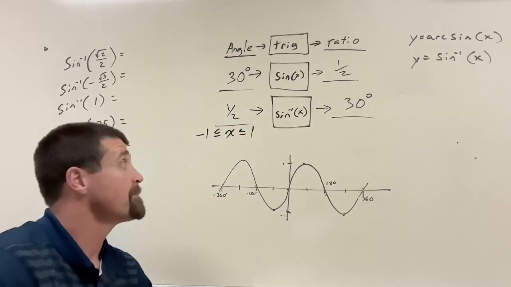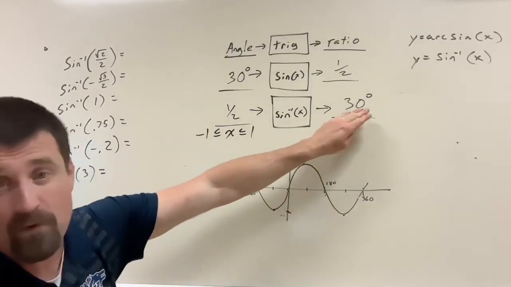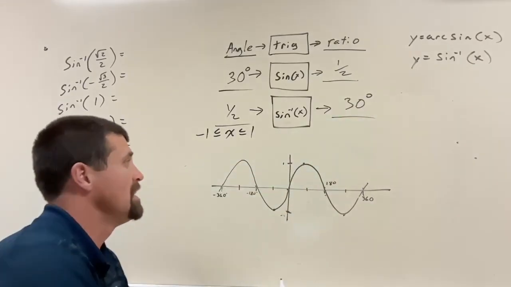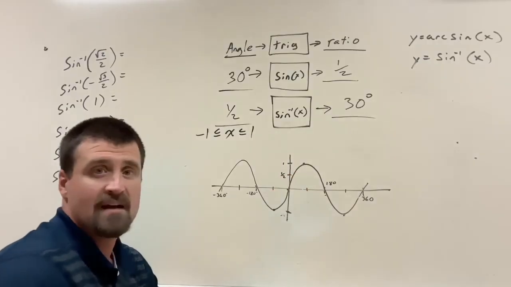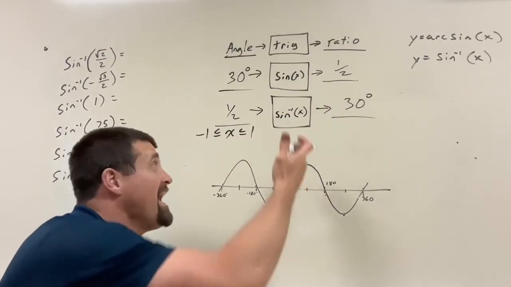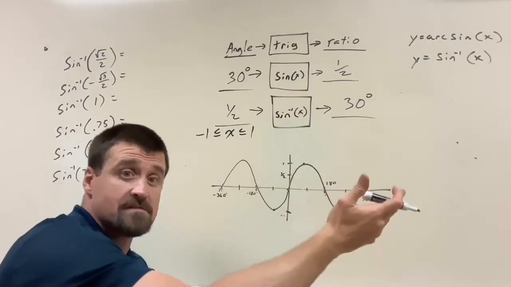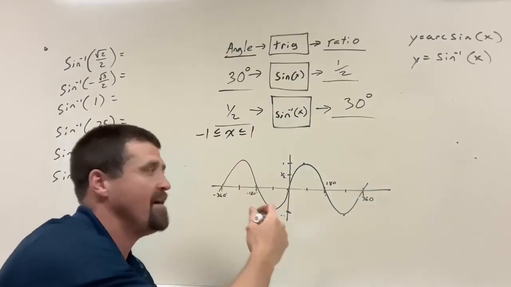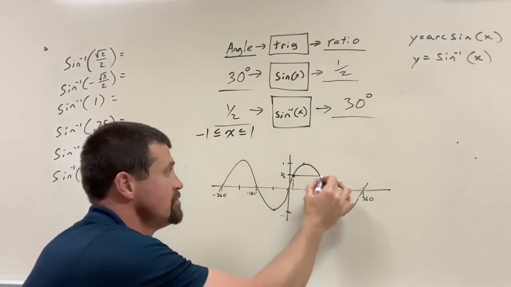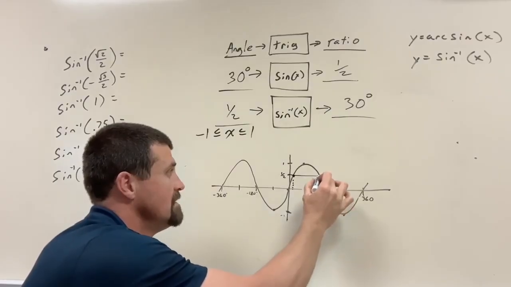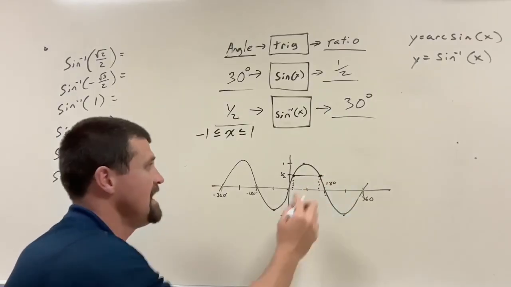Now let's talk about the output. Let's talk about where this 30 comes from. If I go to y equals 1/2, and I'm looking for an angle, what angle is arc sine going to give me? What's the angle whose sine is 1/2? This angle has a sine of 1/2, but so does this one. And I could go this way.